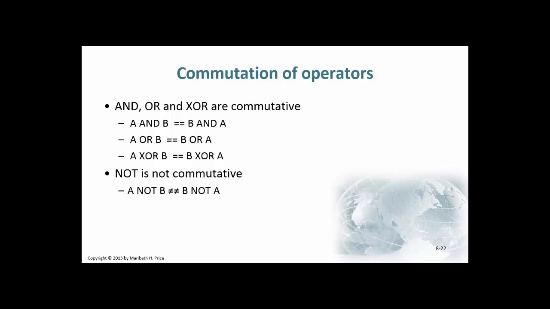The operators AND, OR, and XOR are commutative, which means the order of condition doesn't matter. The results will be the same regardless of which condition is first. However, NOT is not commutative, and the order of conditions is important.